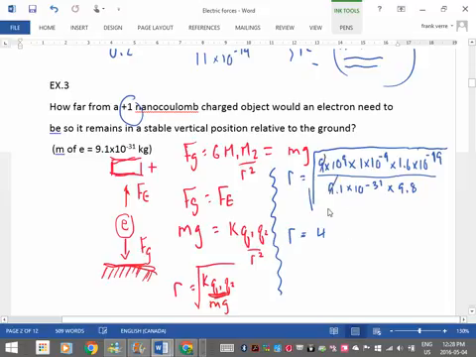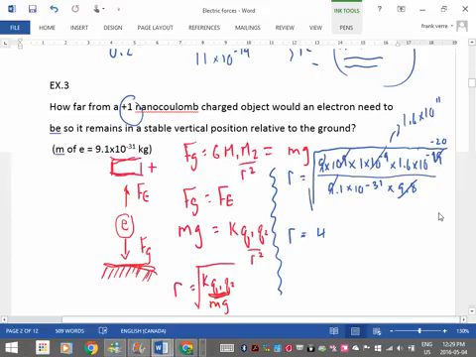Well, here, this is going to cancel out. So that leaves the 1.6 divided by 10, which would be basically 10 to the negative 20. So it's 1.6 times 10 to the negative 20 divided by 10 to the negative 31. That will give you 1.6 times 10 to the 11.